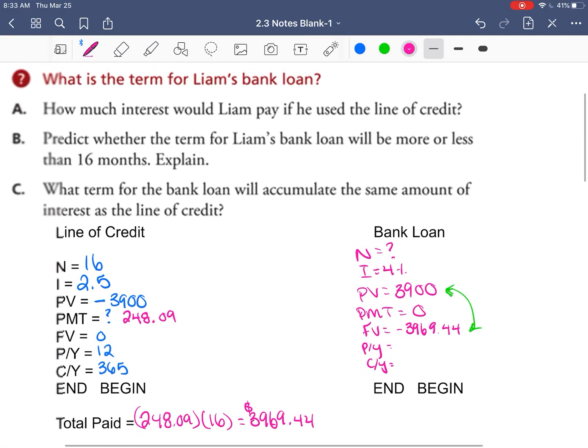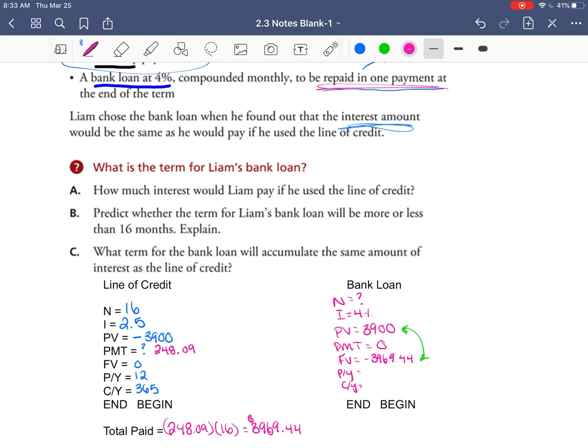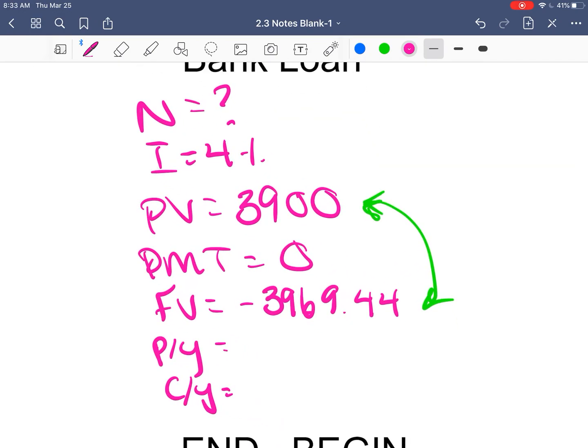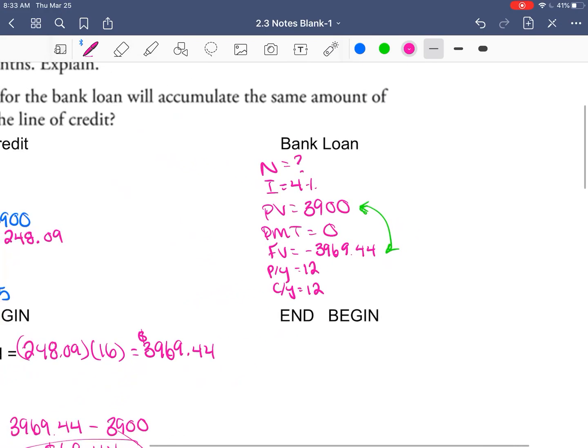Payments per year, compounds per year. Our payments per year doesn't really matter because he's doing a monthly payment, but we're going to make them the same as our compounding period. It is compounded monthly. So when we type those into our app, we're looking for N, 4% interest, $3,900. Payments are 0.